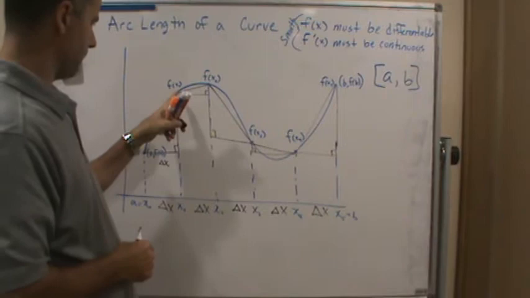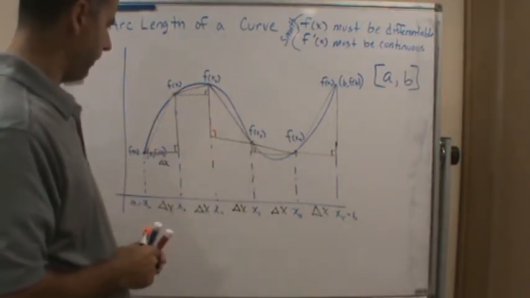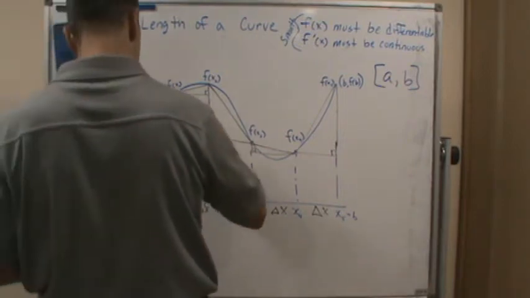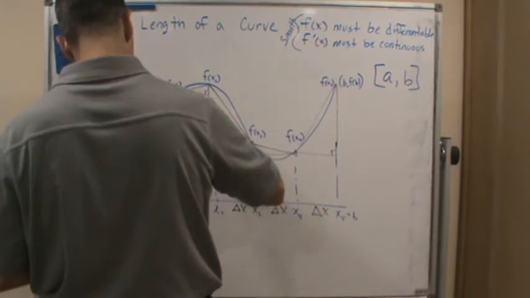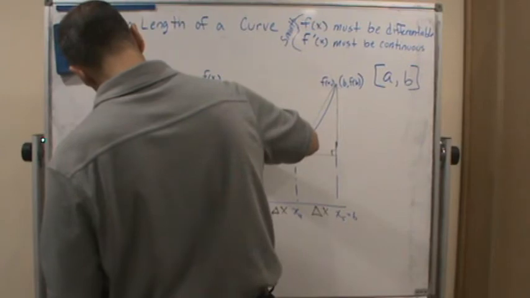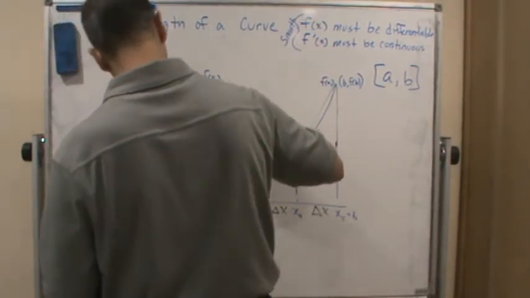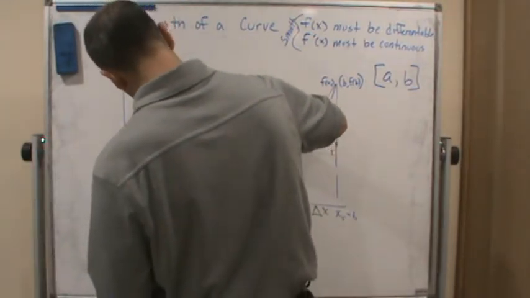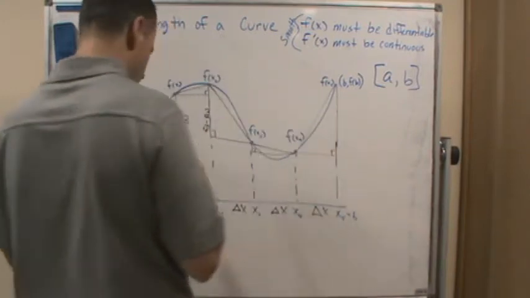Here it's going to be the difference between f of x1 and f of x2. So this is going to be f of x0 minus f of x1, and this vertical distance is going to be f of x1 minus f of x2, and so on.